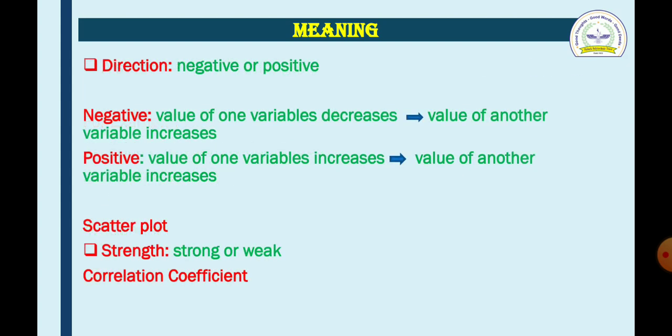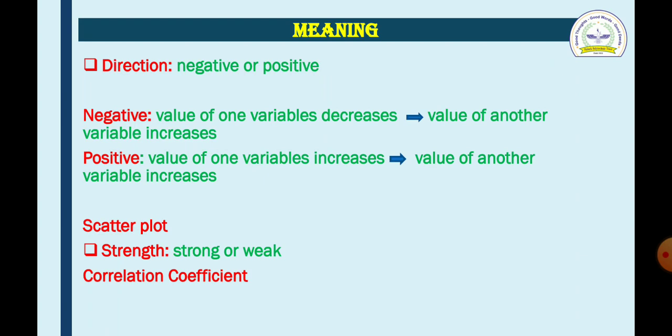Now, correlation analysis talks about two things: direction of the association and strength of the association. Let us first understand the idea of direction of the association. Whether the two variables are positively related or negatively related with each other.